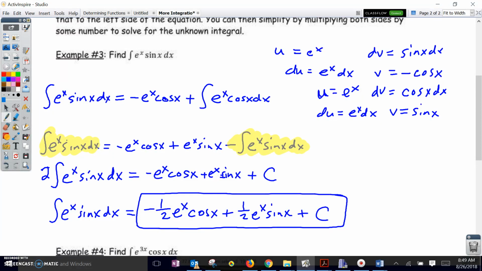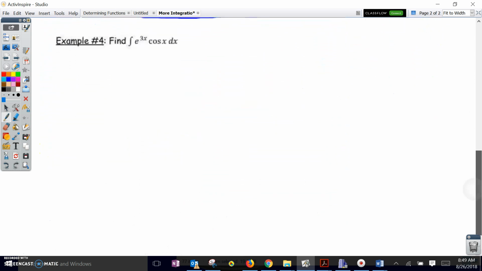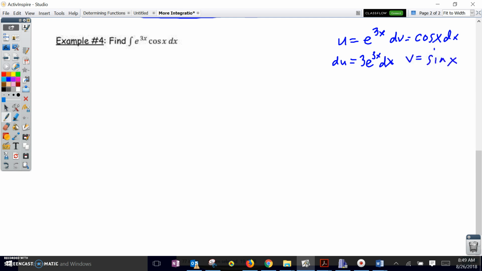Alright, let's do one more example here. The integral of e to the 3x cosine of x. So to start, u is going to be equal to e to the 3x and dv is going to be equal to cosine of x dx. So du is 3e to the 3x dx, and v is equal to sine of x.